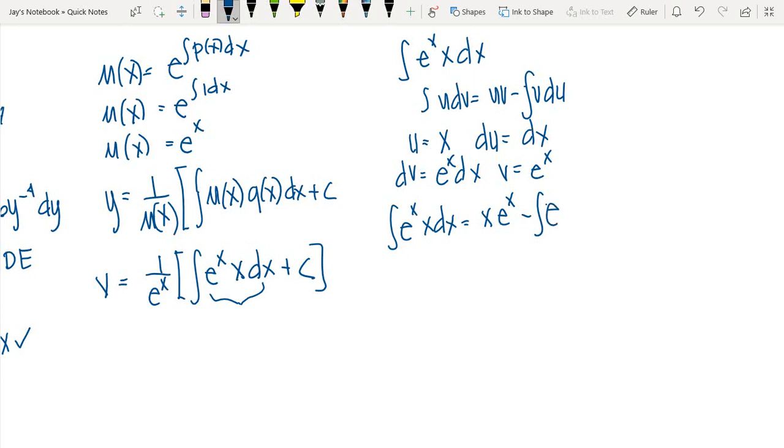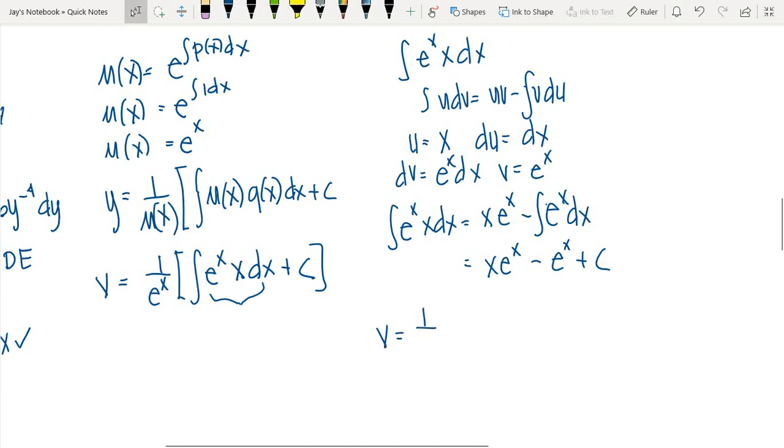Our v is equal to e^x, then du is dx. So therefore we can say that it is x e^x minus e^x plus c. Then substitute this in our general form, that is v is equal to 1 over e^x, then the bracket, with the integral of e^x x dx computed using by parts, that is x e^x minus e^x, then plus c.